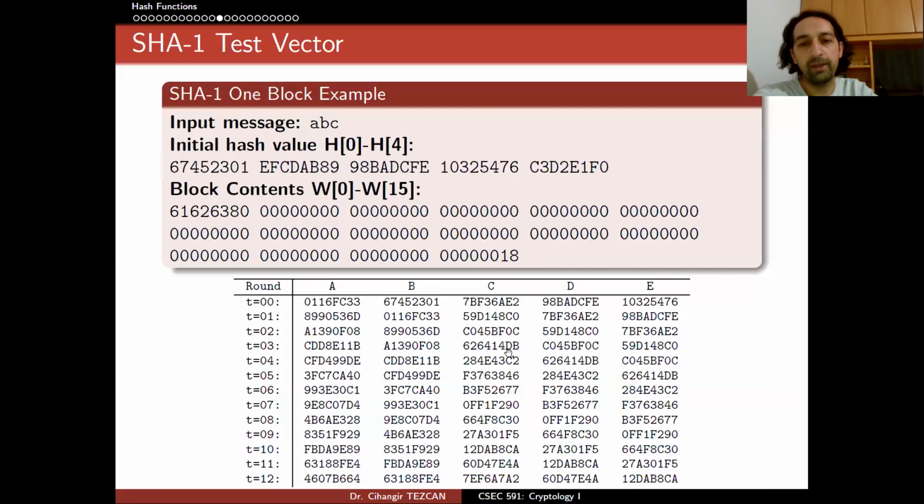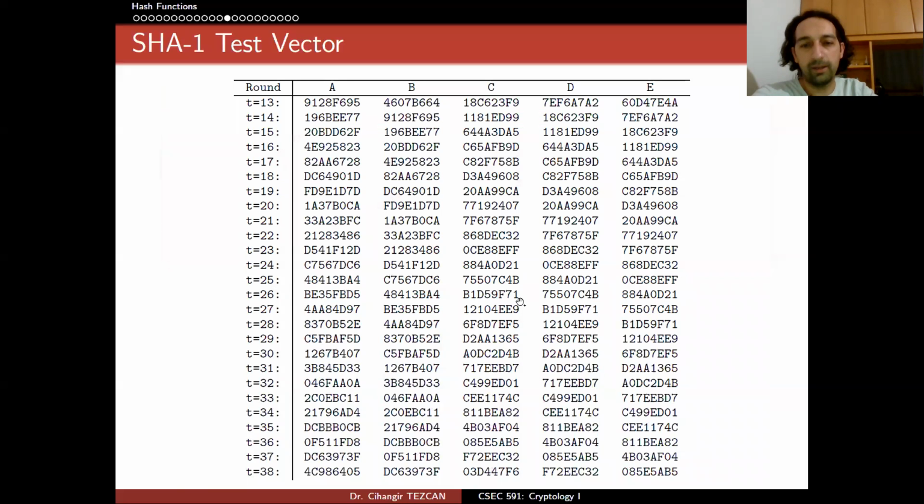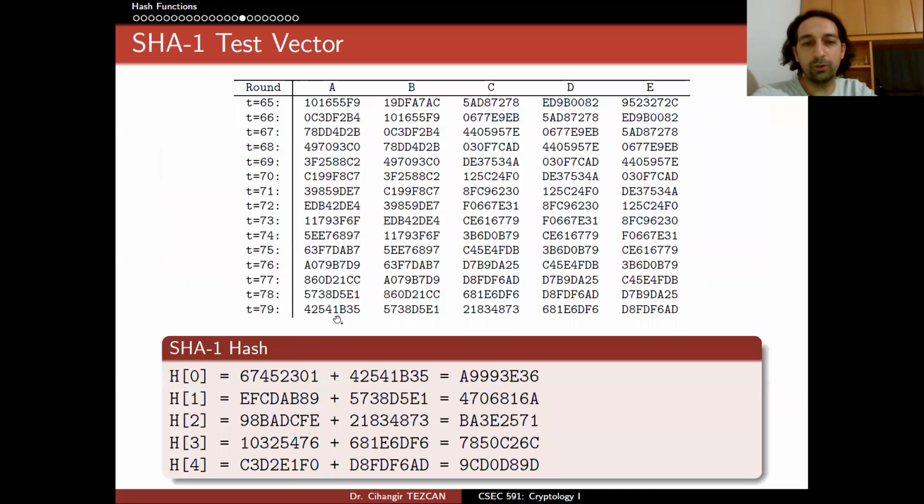If you take the hash of this message, we have 80 runs, and at the end of each run, these are the outputs. It continues like this, and at the end, you obtain this output. You add it to your initial values and obtain the output hash value like this. So this is how a hash function works.